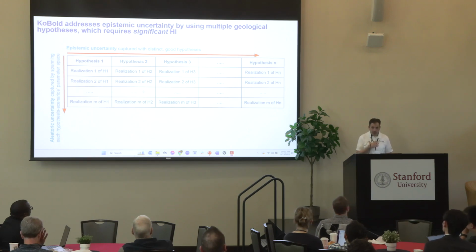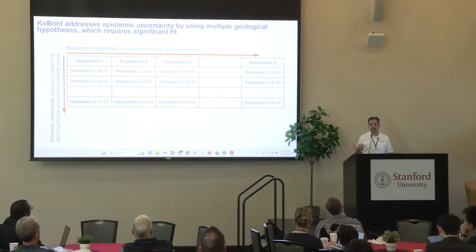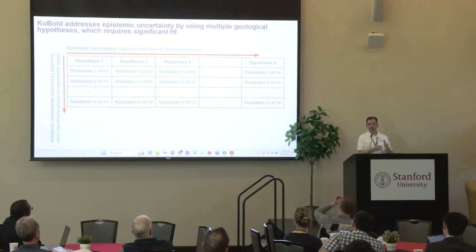And so what we do at KoBold is we collect together all of the hypotheses that seem realistic from data scientists, from geologists, from our techs in the field, and we build mathematical models that represent all of those classes of hypotheses. And so we don't just simulate one model, we simulate lots of different models, and for each of those models we use that conditional simulation approach from the previous slides.